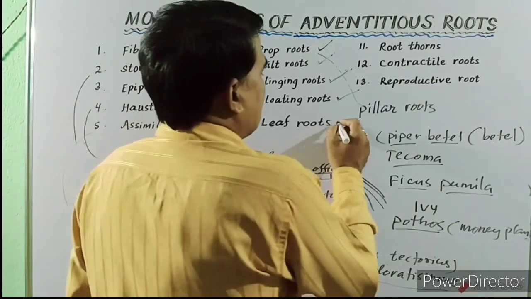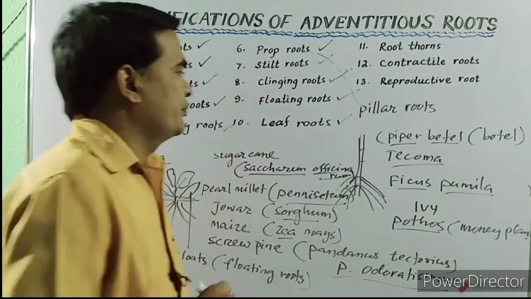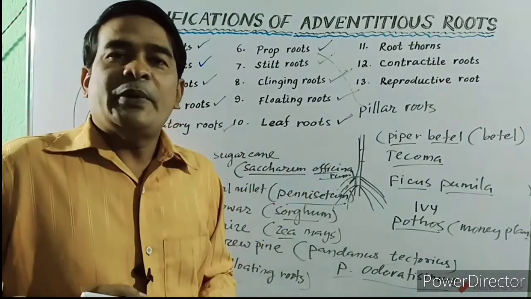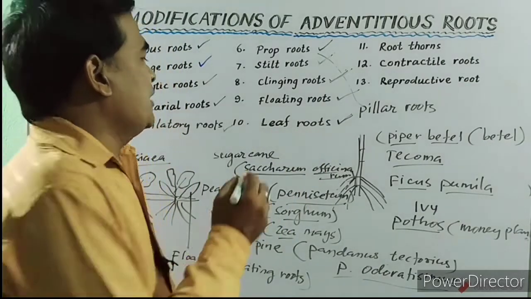Okay, then we will study about leaf roots. Okay, the leaf root is found in water fern Salvinia.